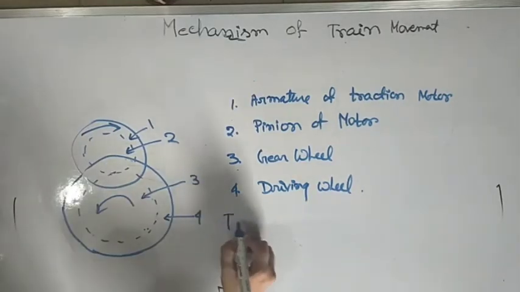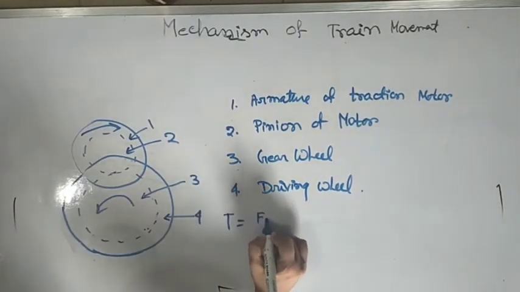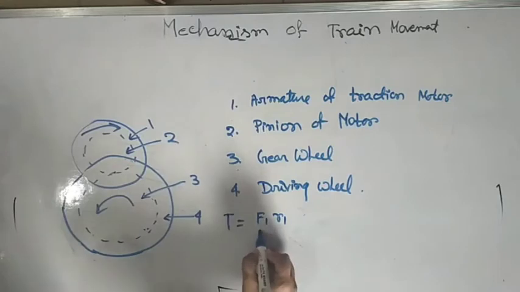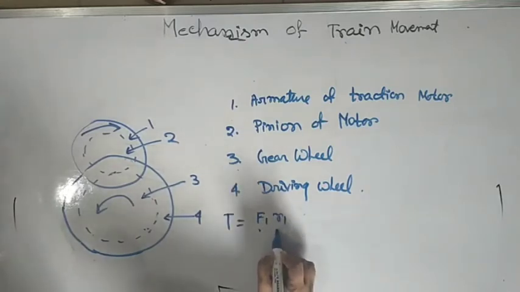The torque T is equal to F1 R1. F1 is the tractive effort and R1 is the radius of the pinion.